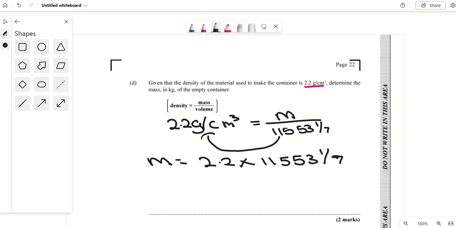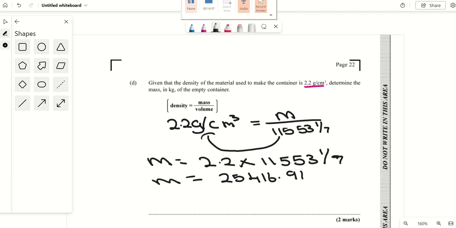Multiply that, and you are going to get your mass. This is in grams, equal to 25,416.91.